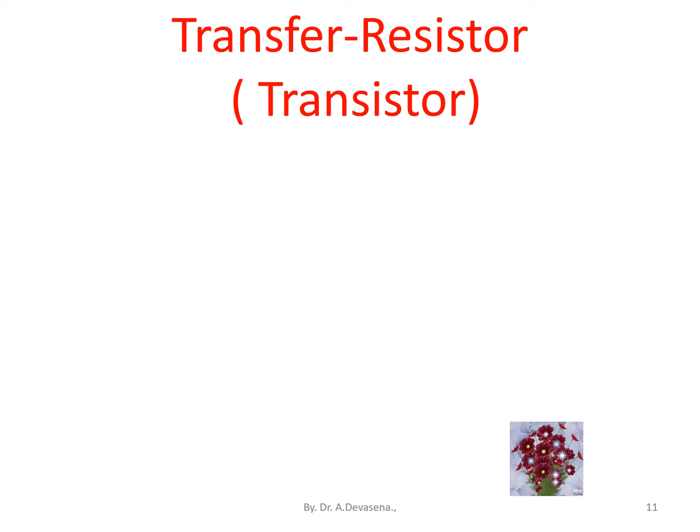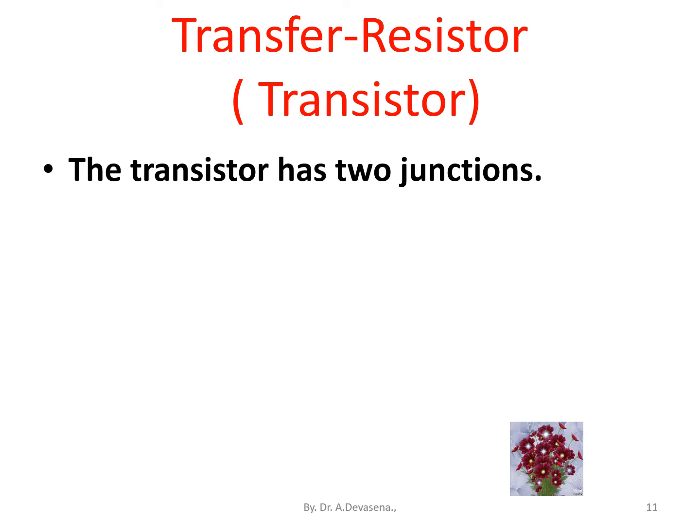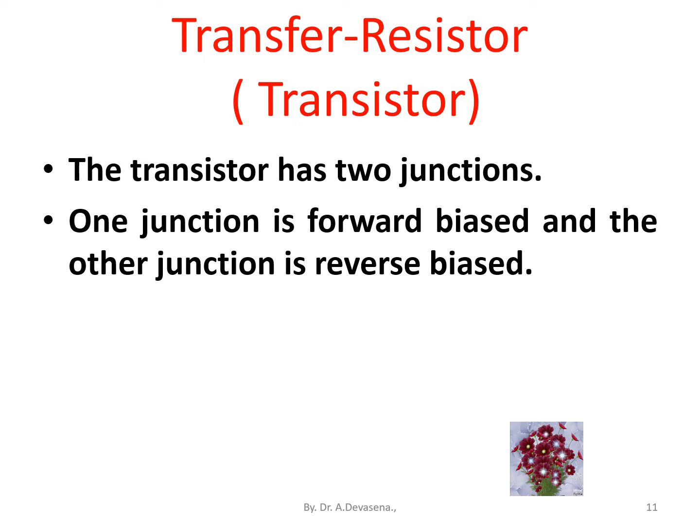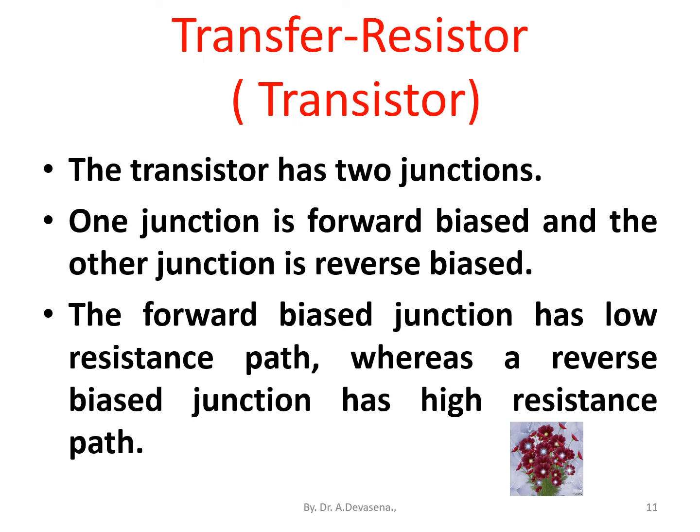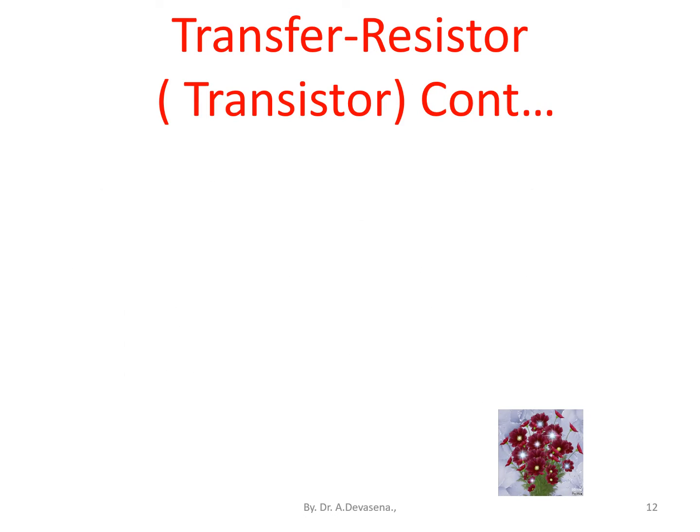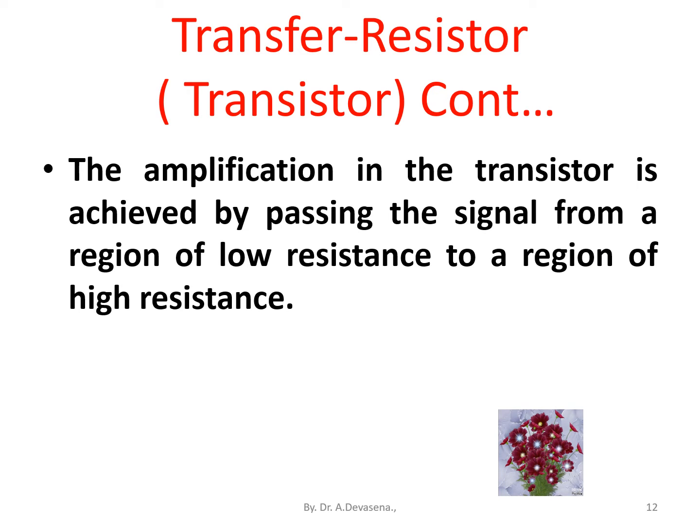Transfer resistor, that is, transistor. The transistor has two junctions. One junction is forward biased and the other junction is reverse biased. The forward biased junction has a low resistance path, whereas a reverse biased junction has a high resistance path. The amplification in the transistor is achieved by passing the signal from a region of low resistance to a region of high resistance.